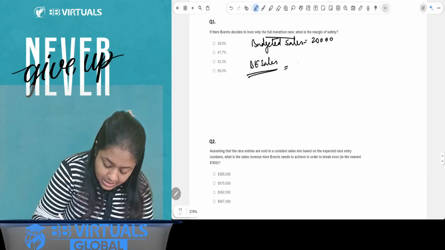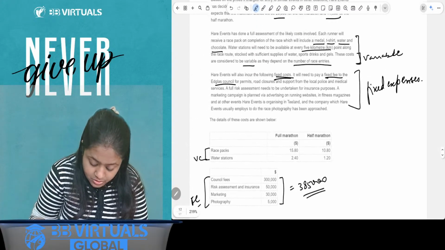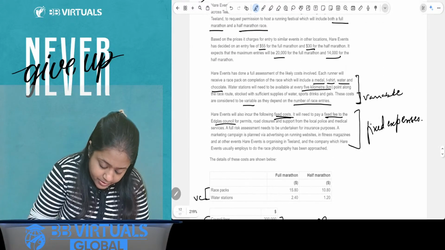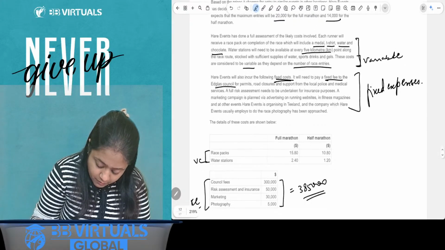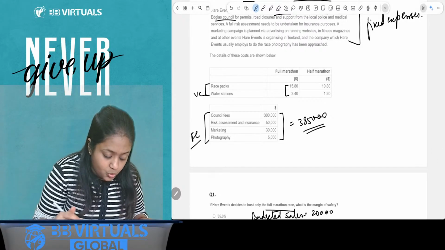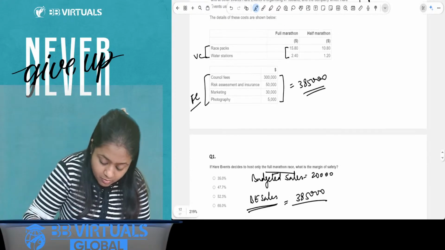Now, the break-even point will be 385,000 divided by contribution per unit. What is the contribution? The price has been fixed for the full marathon, right? 55. And the variable cost for the full marathon is 15.8 and 2.4. Right? So, what is the contribution?